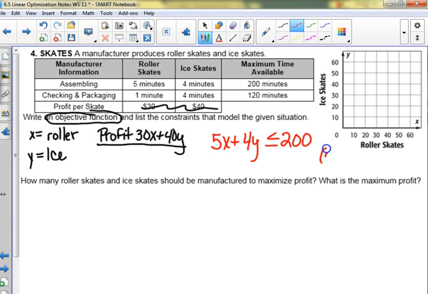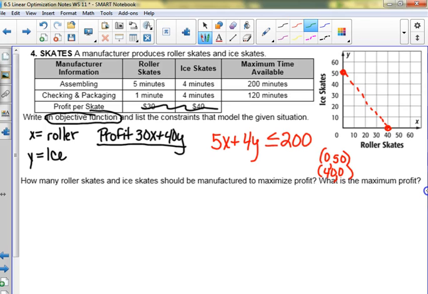If you put in x equals 0, you'd have 200 divided by 4, which would be 50. If you put in 0 for y, you'd have 5x equals 200. 200 divided by 5 would be 40.